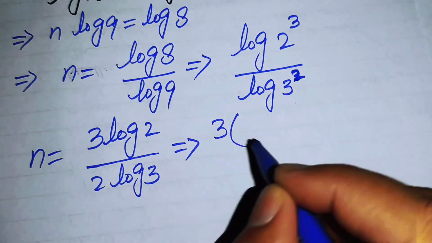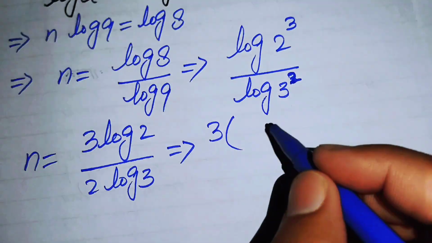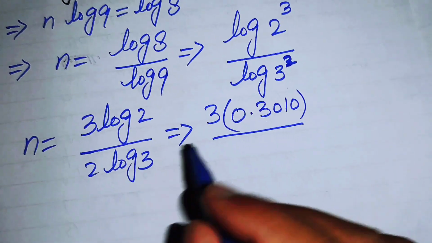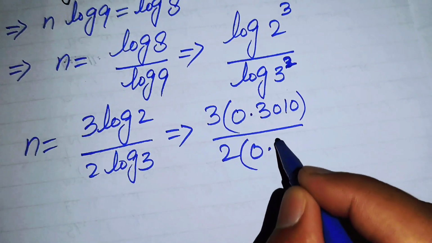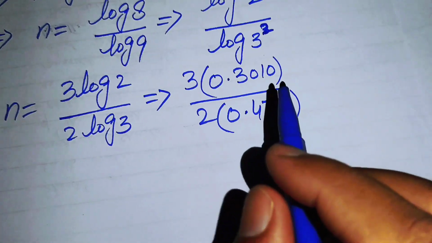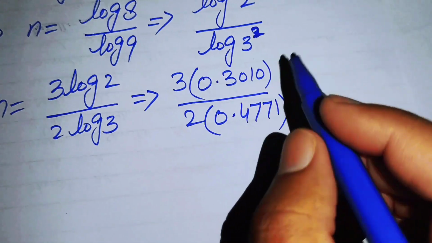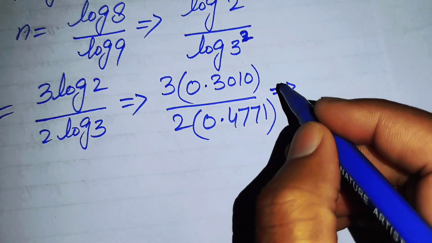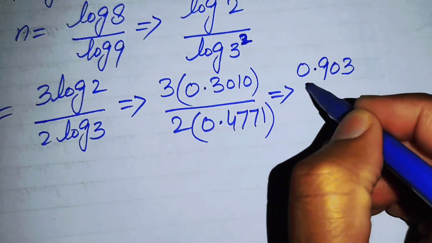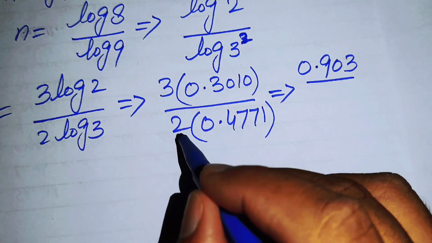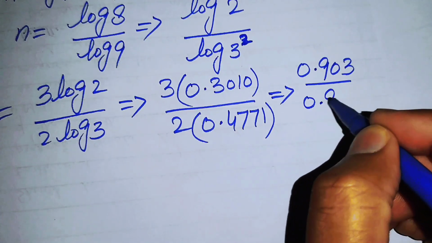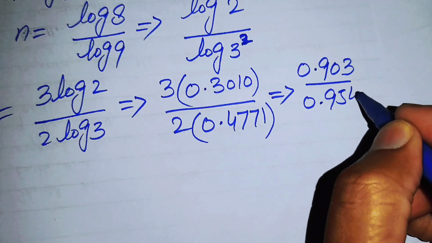We know that the value of log 2 is 0.3010 and the value of log 3 is 0.4771. Now we multiply 3 by 0.3010 and you get 0.903, over, when you multiply 2 times 0.4771, you get 0.9542.